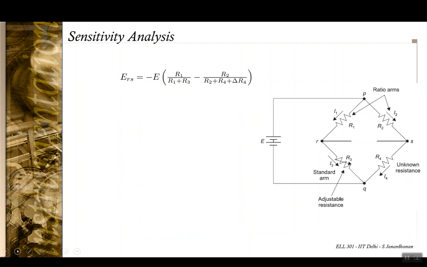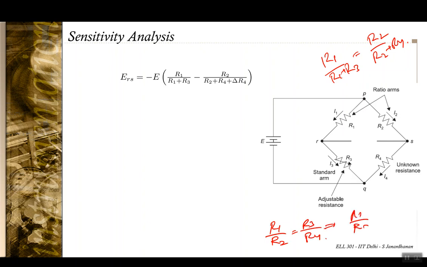Note that at balance, you had R1 by R1 plus R3 is R2 by R2 plus R4. At balance, basically what you had was that R1 by R2 is R3 by R4, or R1 by R3 is R2 by R4.